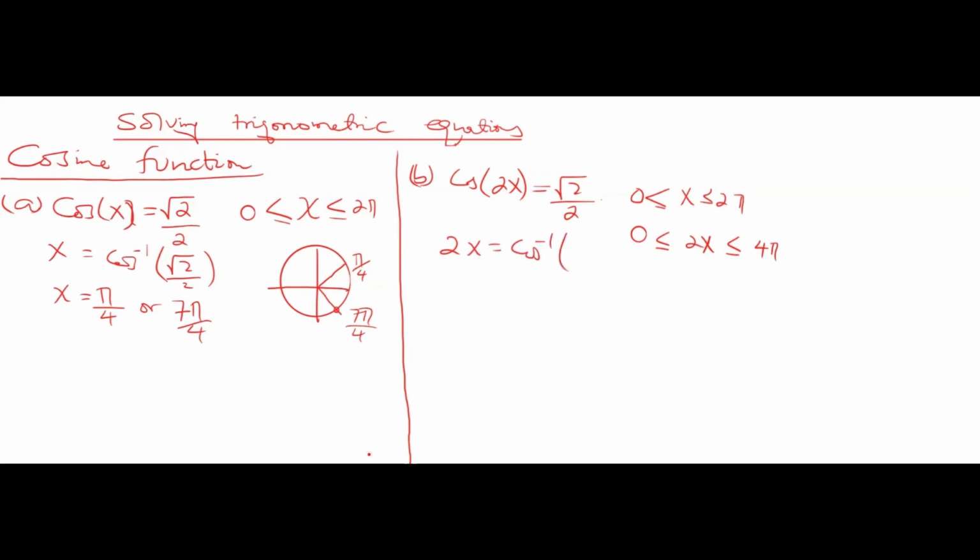So cosine inverse of square root 2 over 2 gives me a value of pi over 4, 7 pi over 4. But that is only up to 2 pi, and we need to go up to 4 pi. So that means I have to add 2 pi to this. So that's going to be pi on 4 plus 2 pi.